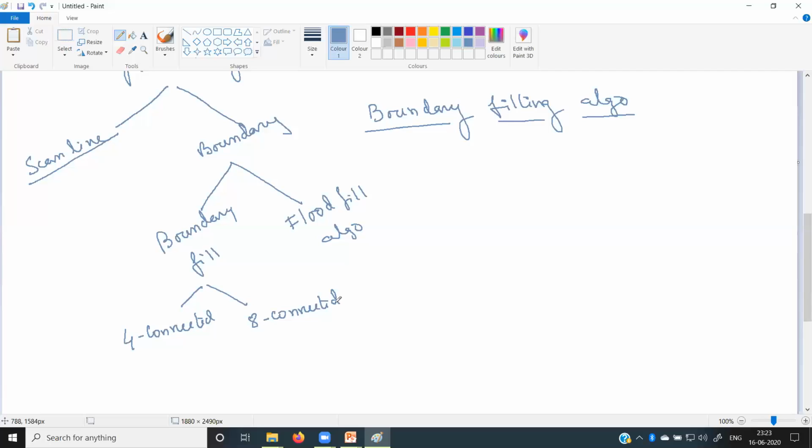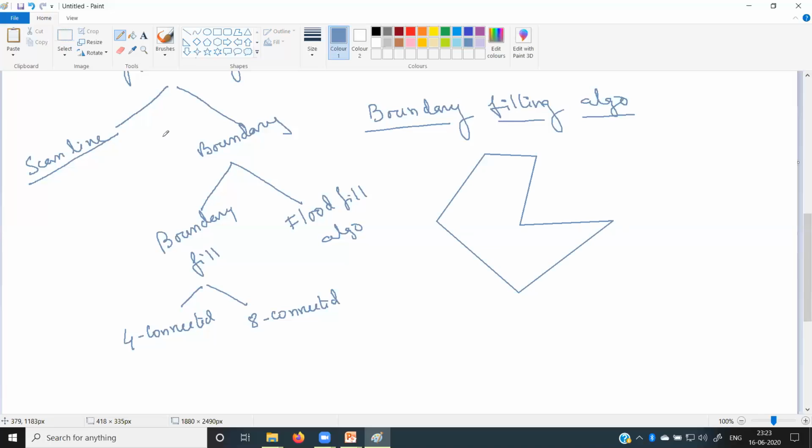Okay. So I'm just showing you what will happen. Consider a shape like this one. We want to fill this shape with the help of a color.